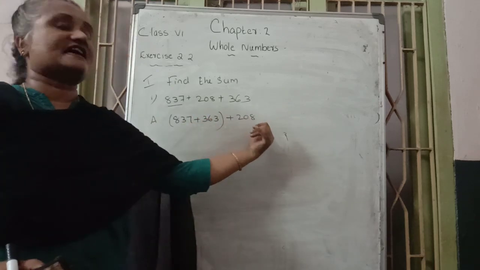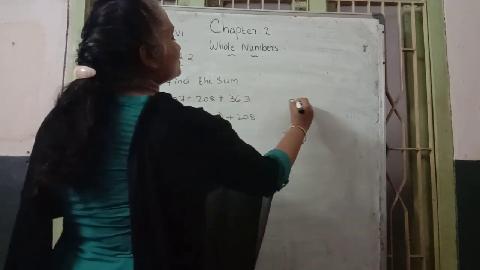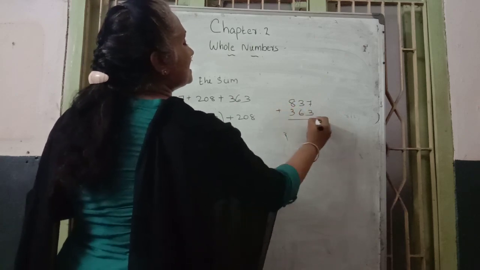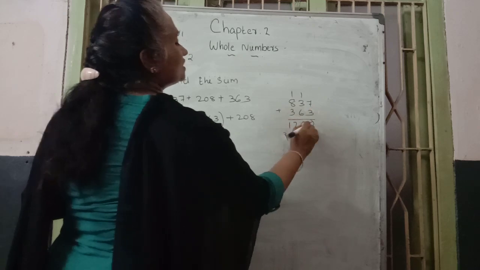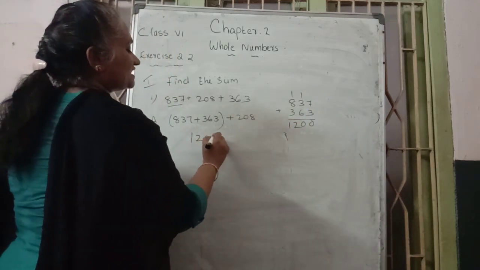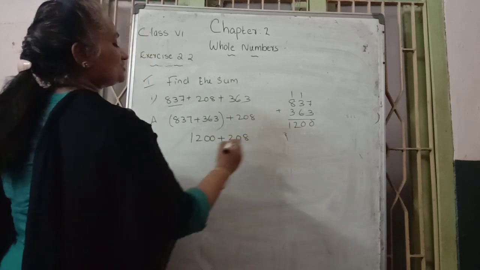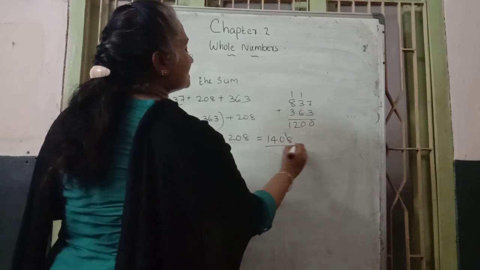That answer is added with 208. So see, 837 is added with 363. Adding, how much will come in there? Here 1200 comes, a 0 carrying number, that is added with 208. So how much will come in there? 1408 is the answer.